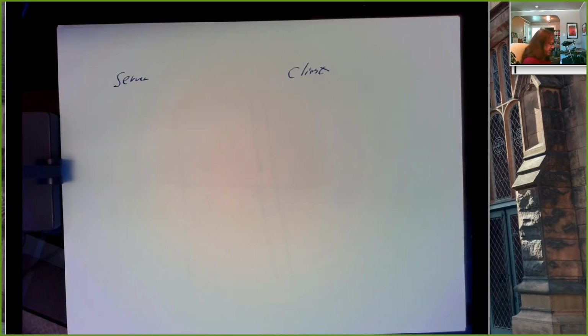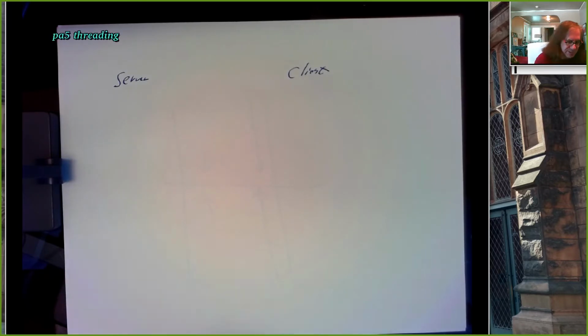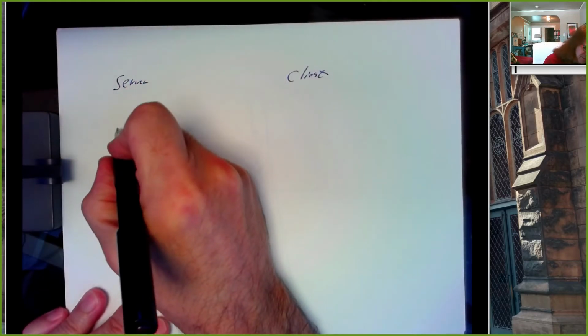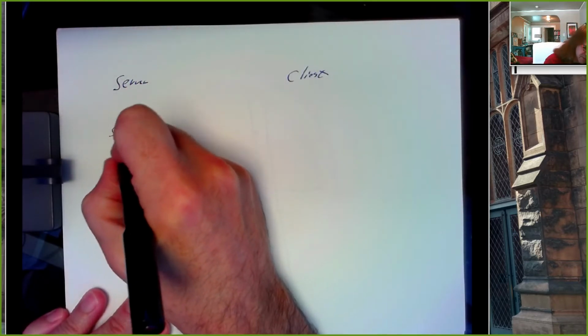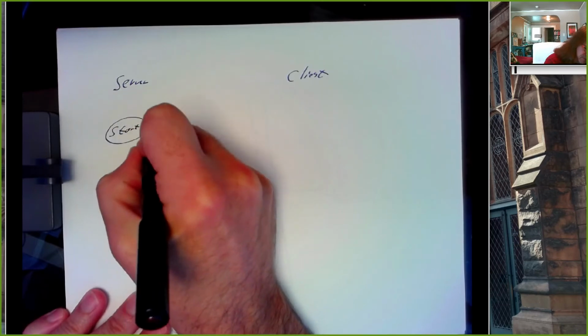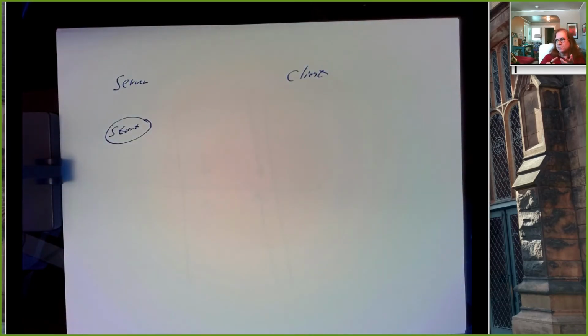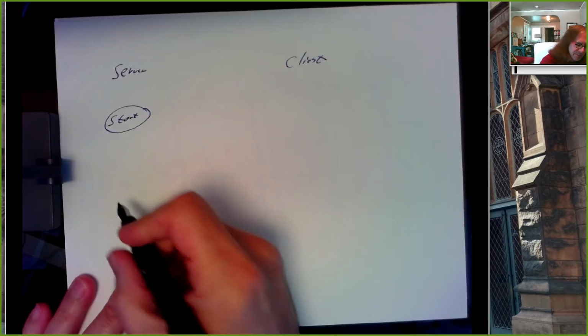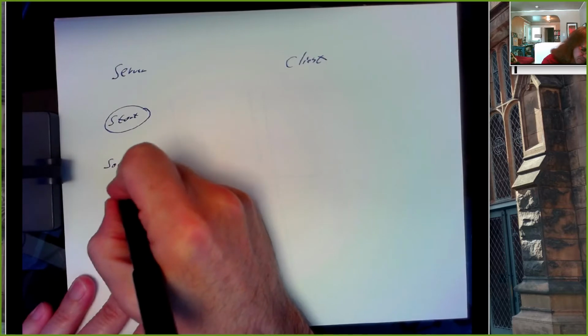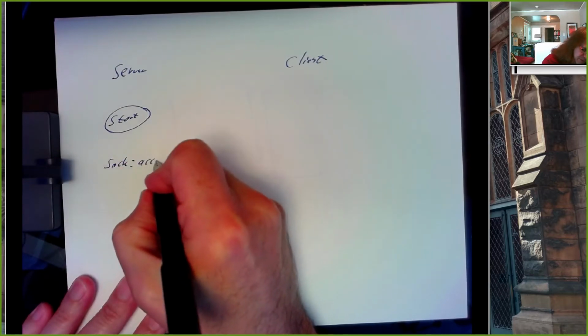You say which end of that you're going to play. So on the server side, eventually there's a start button which creates a server socket, calls accept, and then when you come back from accept, you've got a socket for communicating with the client. So, socket equals accept.